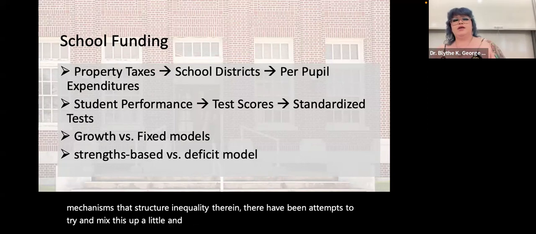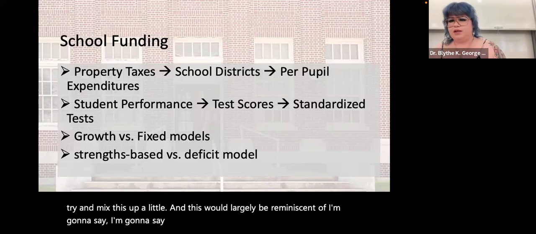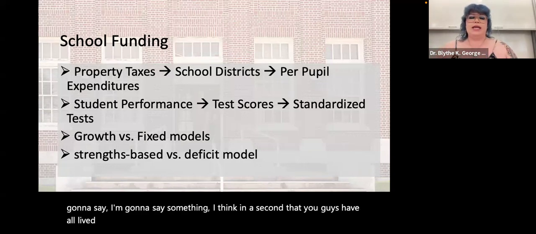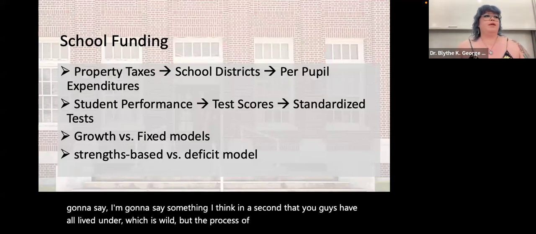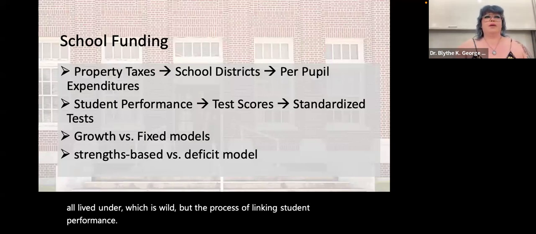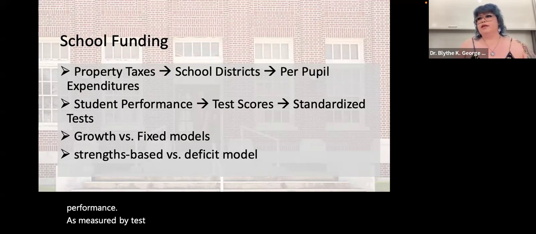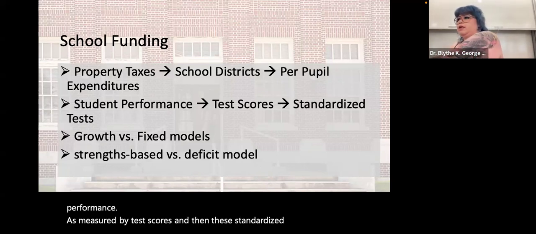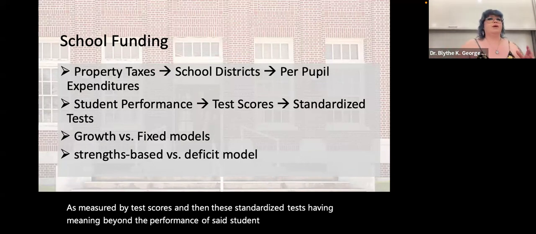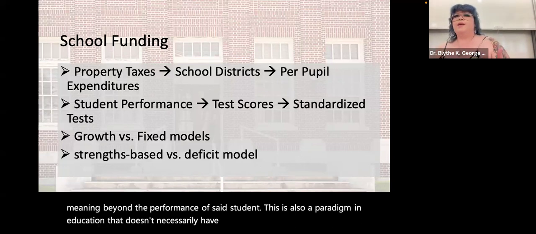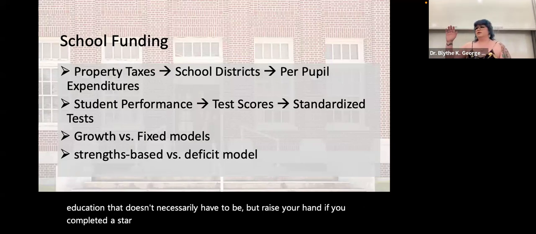And this would largely be reminiscent of, I'm gonna say something I think you guys all lived under, which is wild. But the process of linking student performance as measured by test scores, and then these standardized tests having meaning beyond the performance of said student, this is also a paradigm in education that doesn't necessarily have to be, but raise your hand if you completed a STAR test when you're growing up.